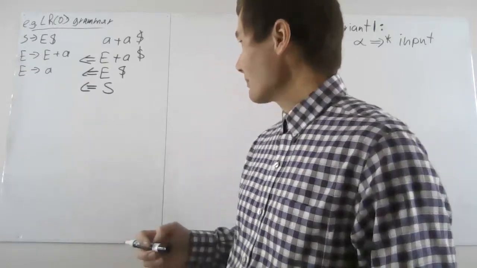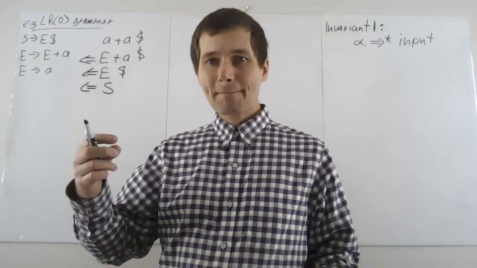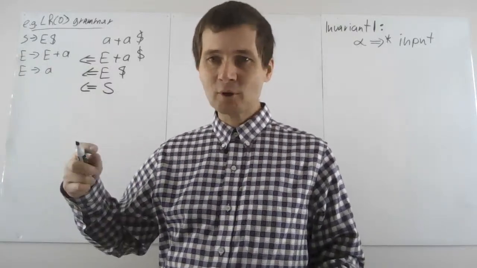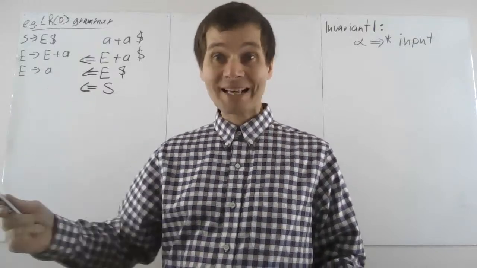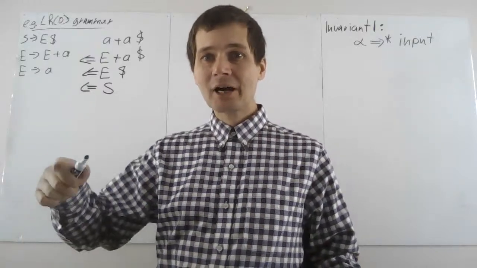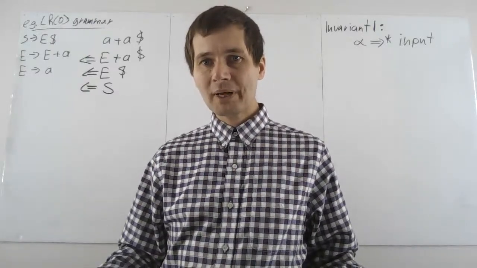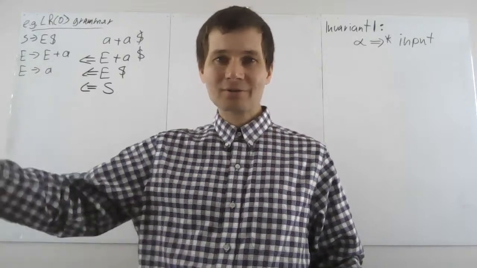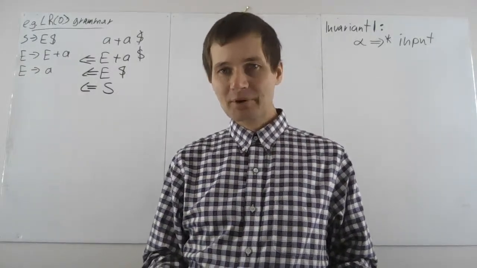So now, in the LL parser, we worked through a general algorithm, and then I said, well, our algorithm has alpha in it, and we want an efficient data structure to maintain alpha, and we transformed the algorithm by adding a stack to represent alpha.